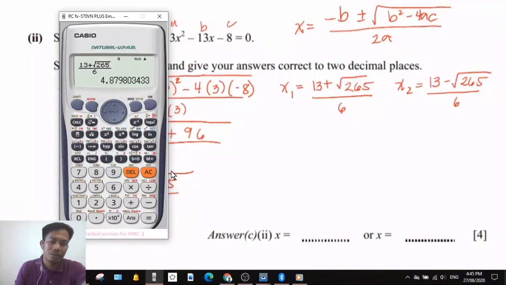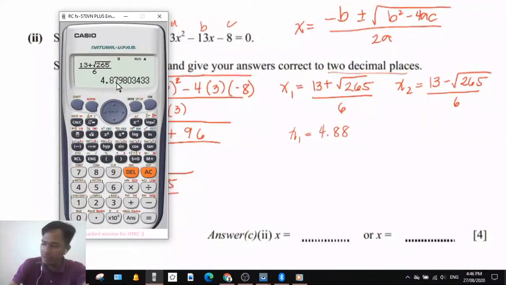It will give me x sub 1 is equal to 4.88. Remember, you notice here it is 7, 9. It should have two decimal places, so I need to put 7 and make it 8. So it will become 4.88 because we need two decimal places.